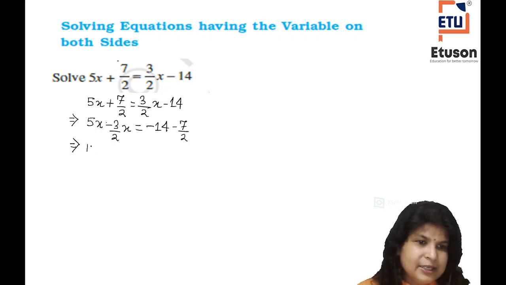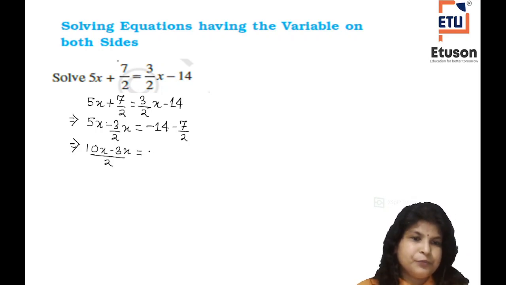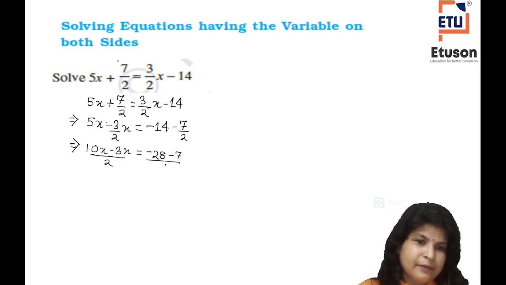Now let us solve the equation. It's very easy, right? Just 10x minus 3x divided by 2 is equal to, here you get minus 28 minus 7 divided by 2, that is minus 35 divided by 2.